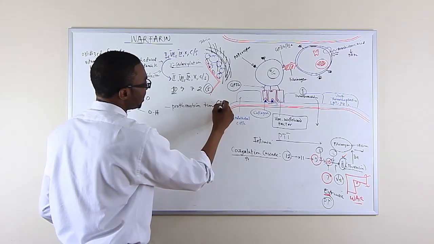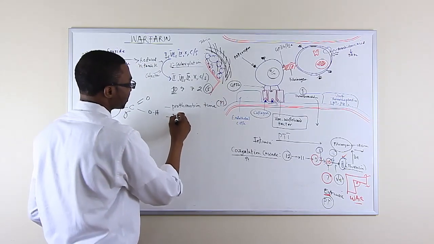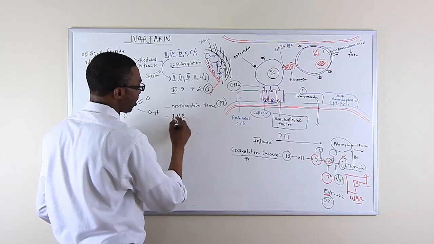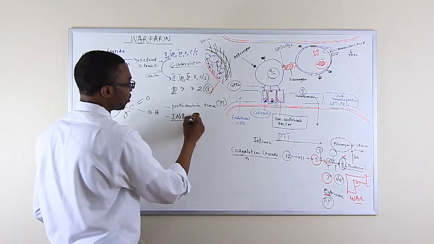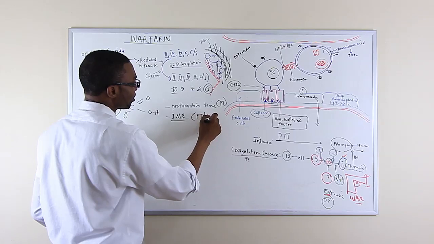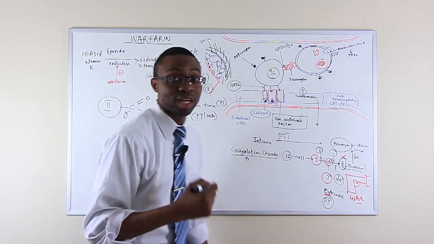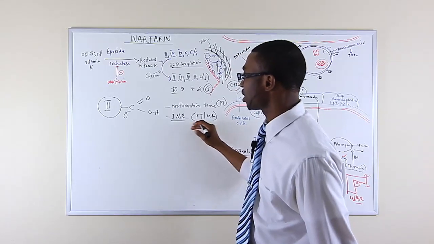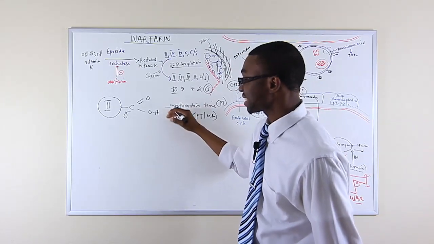which is also known as PT, or the international ratio, INR. So in order to monitor how well a patient is anticoagulated in medicine, you want to check the PT or INR, and basically they are the same.